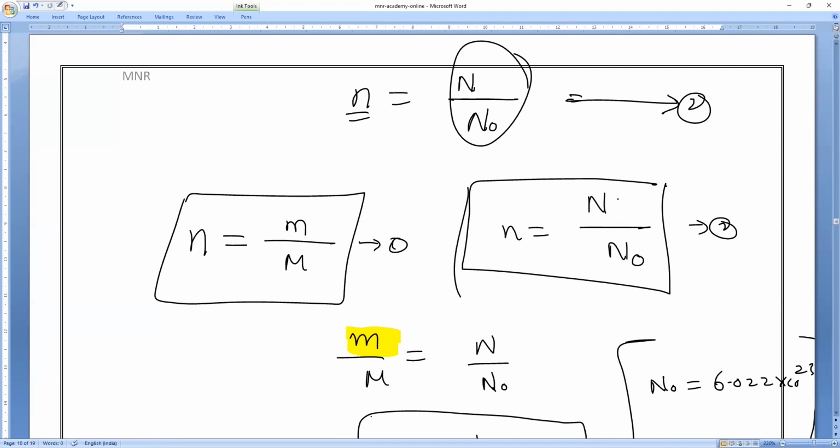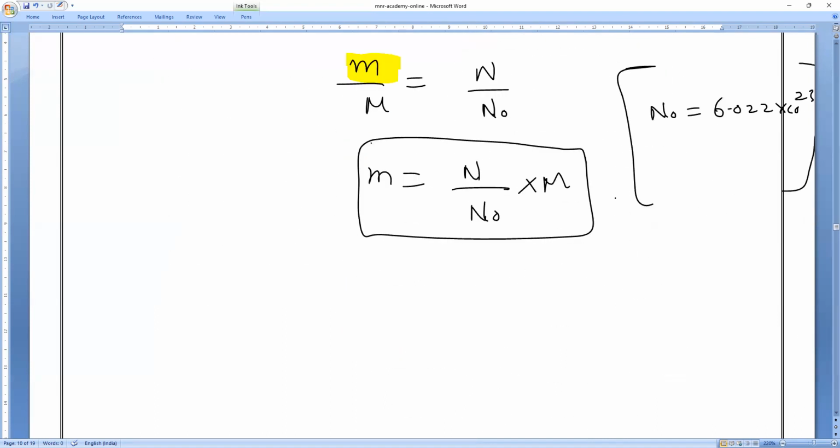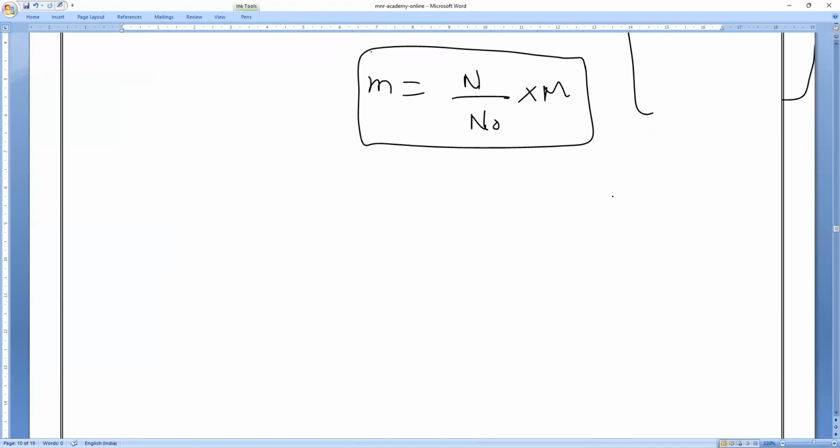Anyone, please respond. Understood or not? Yes, Kalyan? So now, remember all of you: 1 mole of any substance, note it, is equal to the Avogadro number.